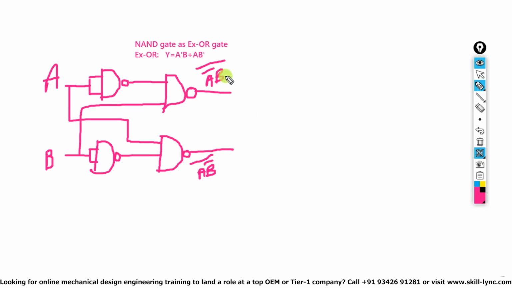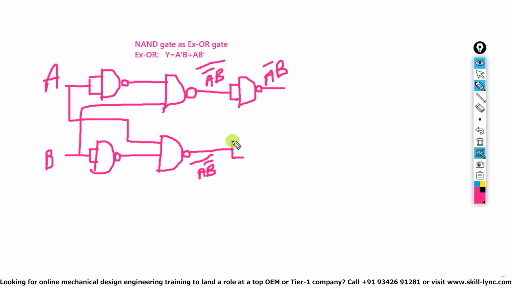Now because we want AND, we put one more NOT gate ahead of this, meaning the same input to a NAND, because double bar equals the same number. So A bar B whole bar bar is equal to A bar B.